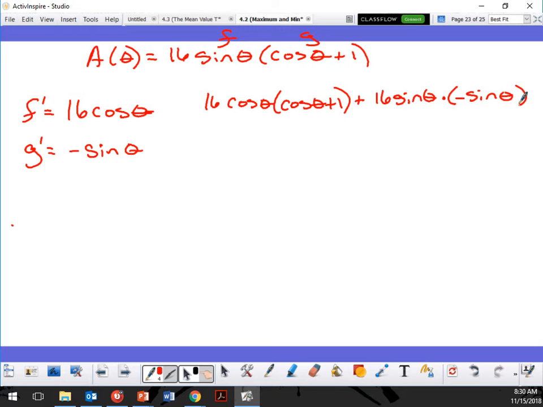So I'm going to do some distribution right here. I'm going to distribute this, so it's going to be 16 cosine squared theta plus 16 cosine theta, because I'm distributing to both.